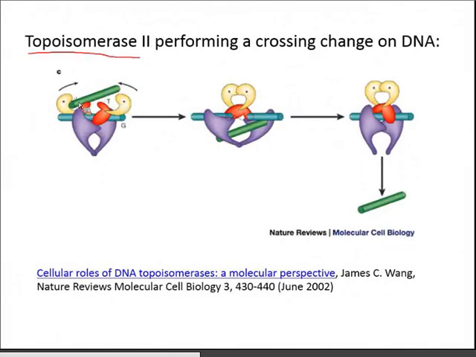So now this strand here does represent my double-stranded DNA. And it will break one of them, allow the other strand to pass through. And so when we used to have the green crossing over the aqua, we now have the aqua crossing over the green, and that is the way the DNA can be unlinked.